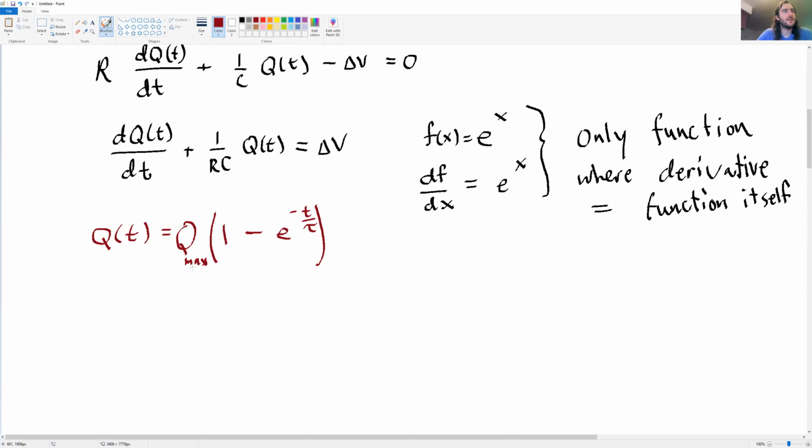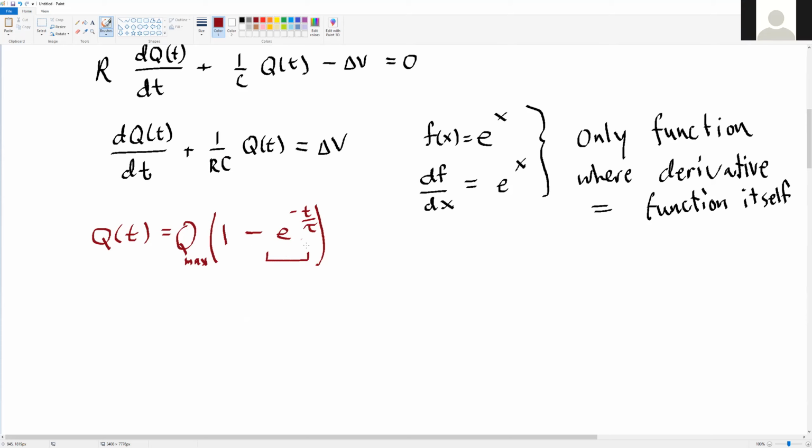Q max gives us the units so that it has units of charge. And also, if we take the limit as t goes to infinity, this term becomes 0, like you pointed out. And that means we have Q max times 1. So in the limit as t goes to infinity, Q of t equals Q max, which is exactly what we're looking for.